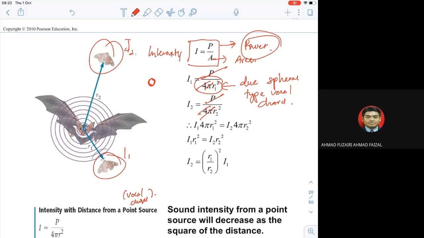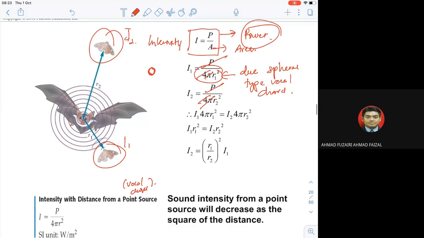If the area is a triangle, the question will explain to you, and then you must use the formula for the area of a triangle. So don't bother much about the area because it will keep changing. But for a point source, it is 4 pi r squared.